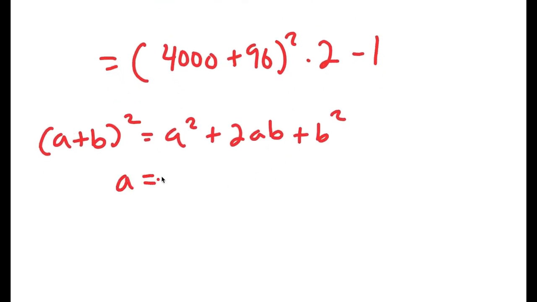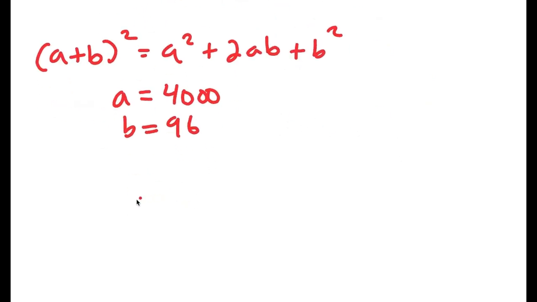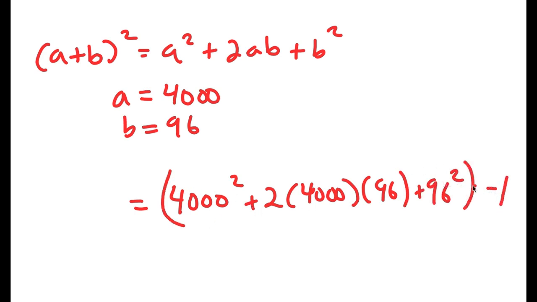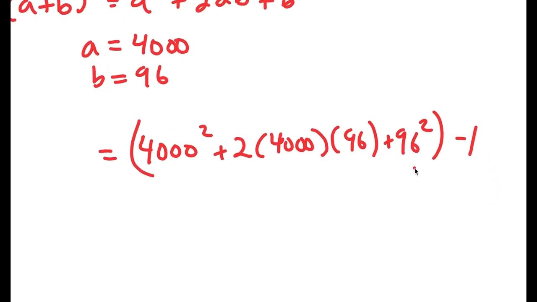So in this case, a is 4000 and b is 96. So this turns into 4000 squared plus 2 times 4000 times 96 plus 96 squared. Oh, sorry. All of this times 2 minus 1.